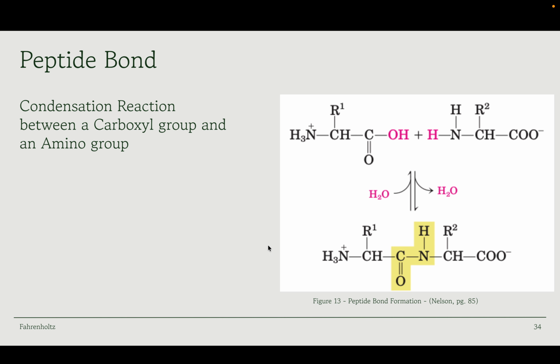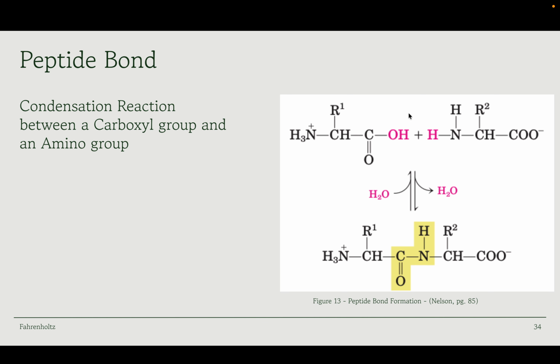Peptide bonds link amino acids together, and they're formed through a condensation reaction between the carboxylic acid group of one amino acid and the amino group of the subsequent one. So you'll notice this is a condensation reaction. Water is given off as this bond is formed.